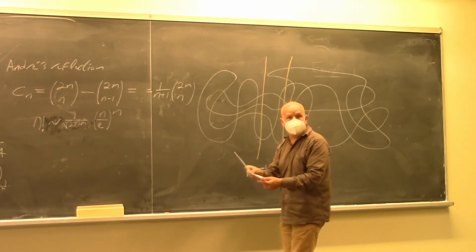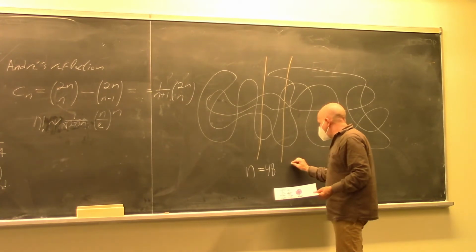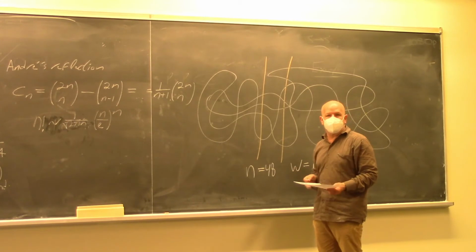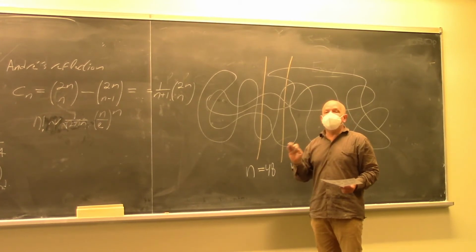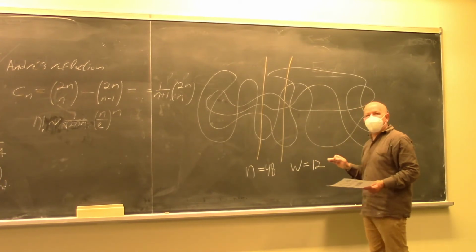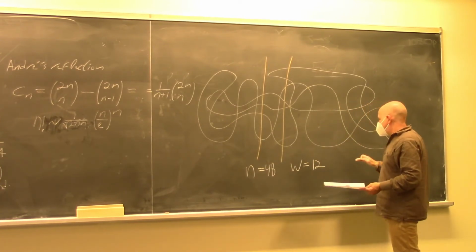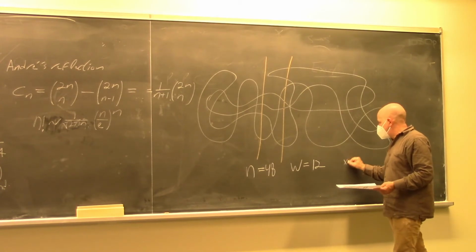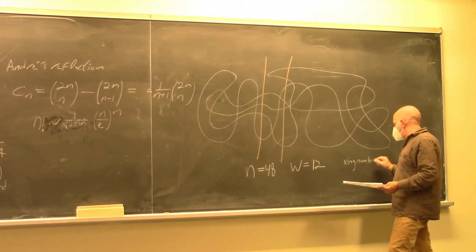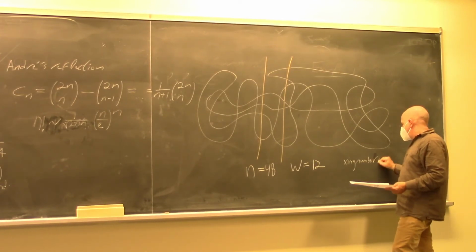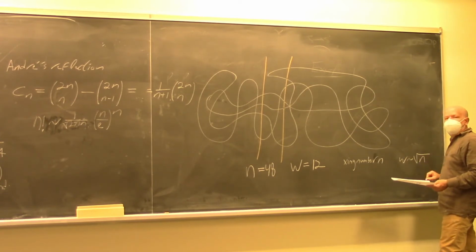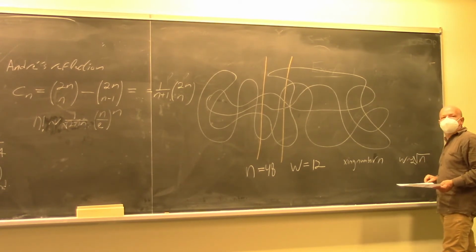You can just count. But the width is equal to 12, I believe. The maximal width is 12. In general, you can expect that if the knot has crossing number n, the width will be approximately the square root of n, maybe twice the square root of n.